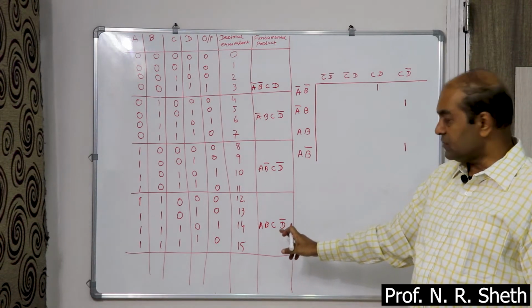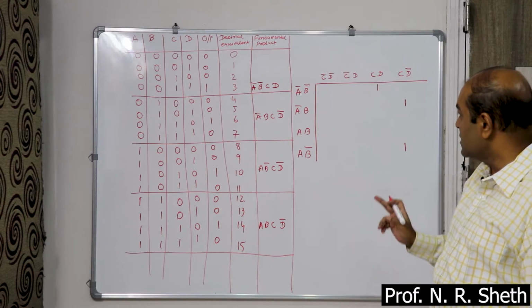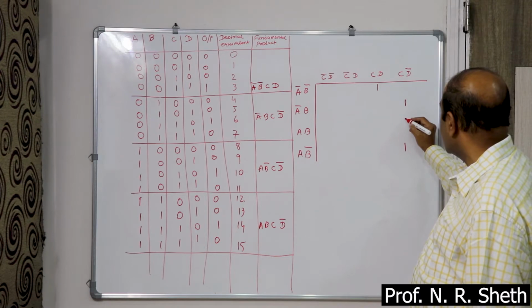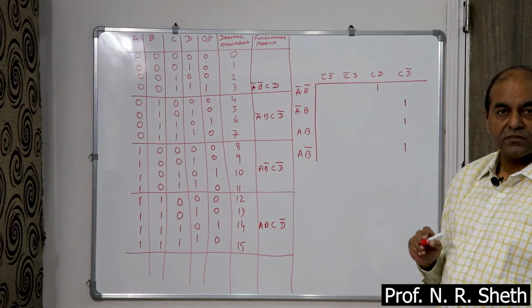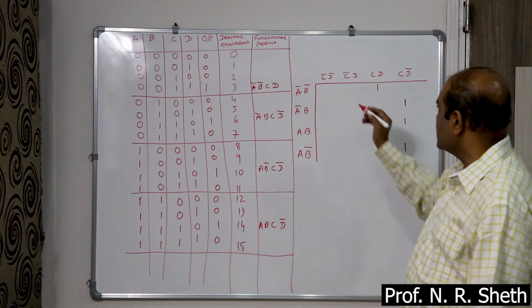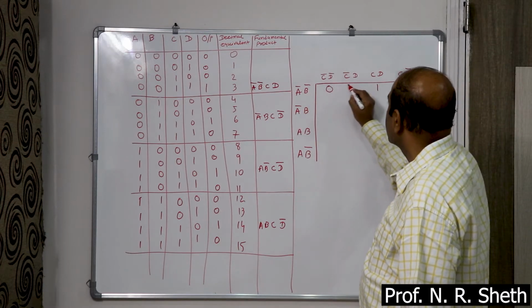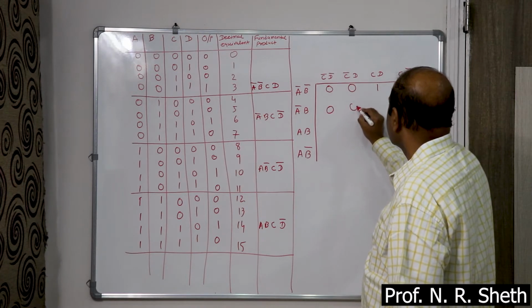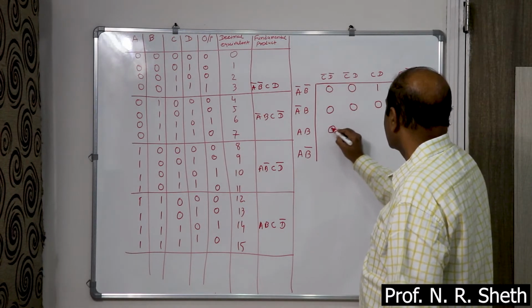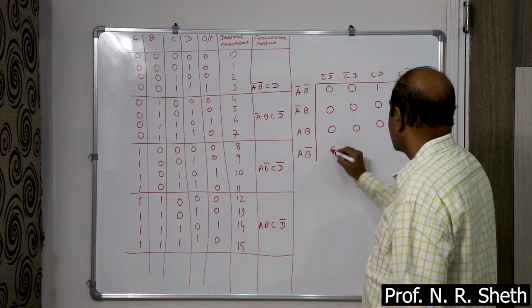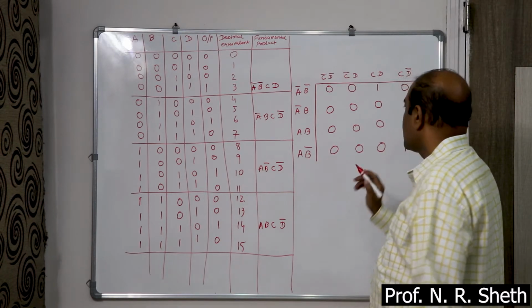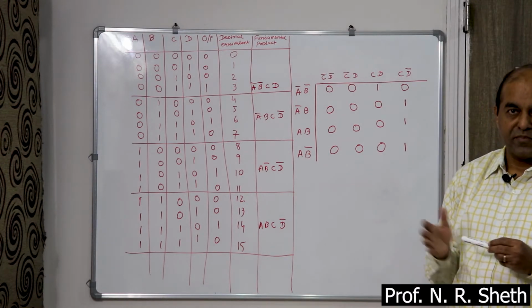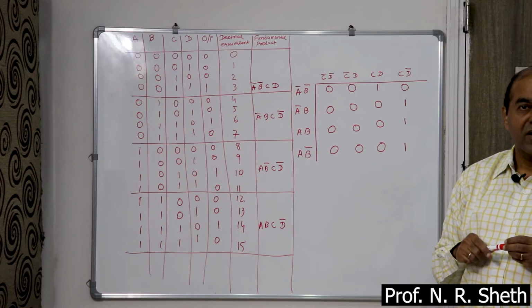And the last one, A, B, C, D bar. Here it is. For the rest, place zeros. This is your K-map, 4 variable K-map. Is that clear?